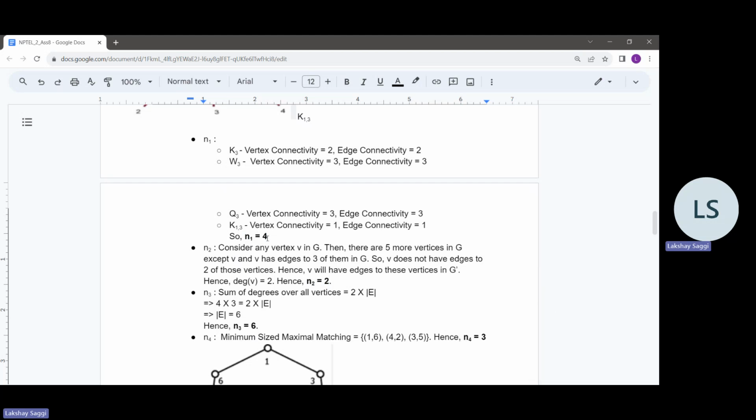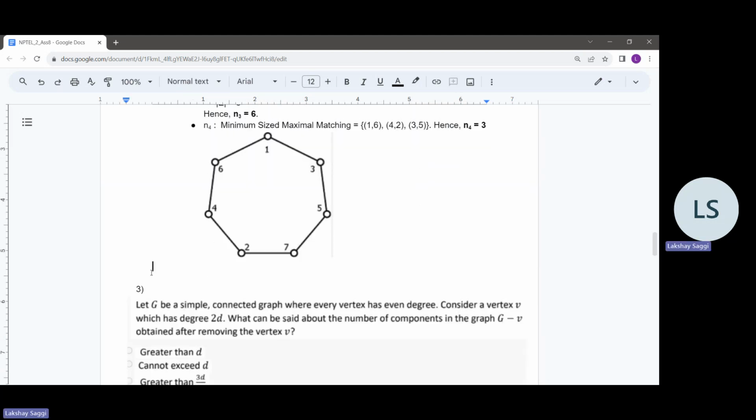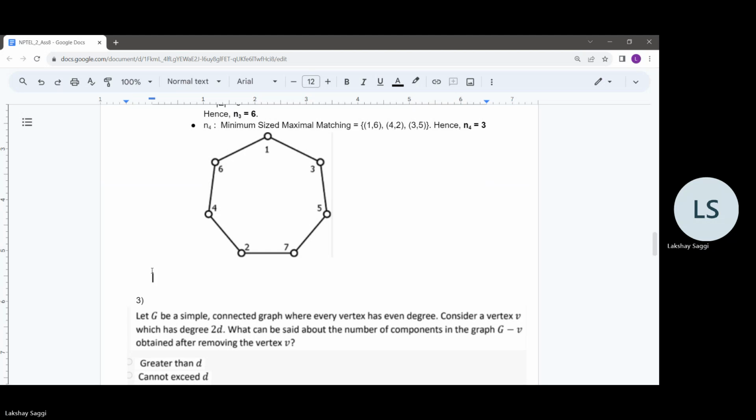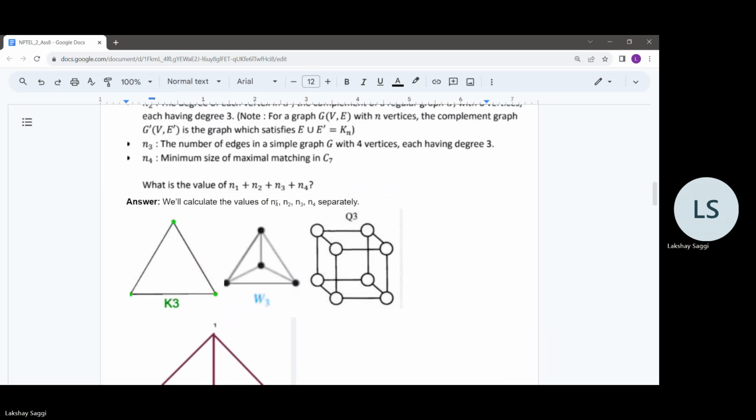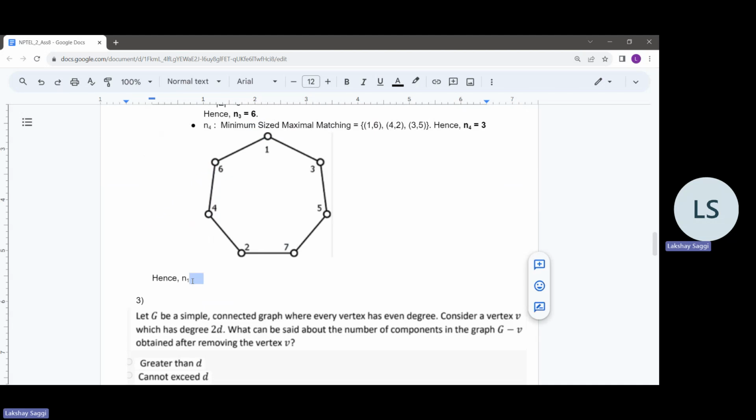The sum N1 plus N2 plus N3 plus N4 will be equal to 4 plus 2 plus 6 plus 3, which will be 6 plus 6, 12, plus 3, 15. So the answer will be 15. So hence N1 plus N2 plus N3 plus N4 is equal to 15.